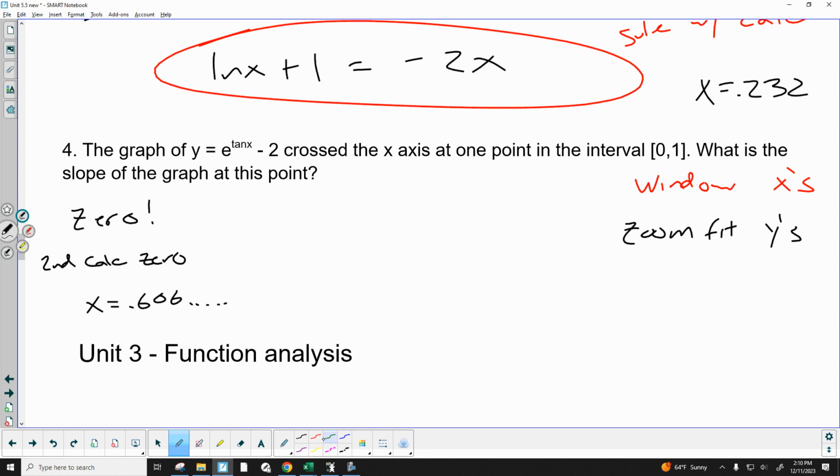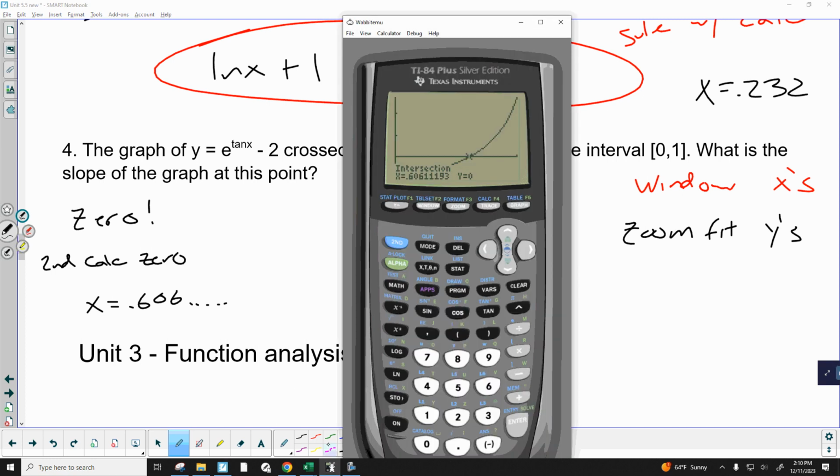We know how to find slopes for things that we don't want to take derivatives for, or they're hard to do. You could go into your home screen and math 8 it. Or, guess what? You're already in the graph screen. Go second, calc, and then you notice dy dx is right there.